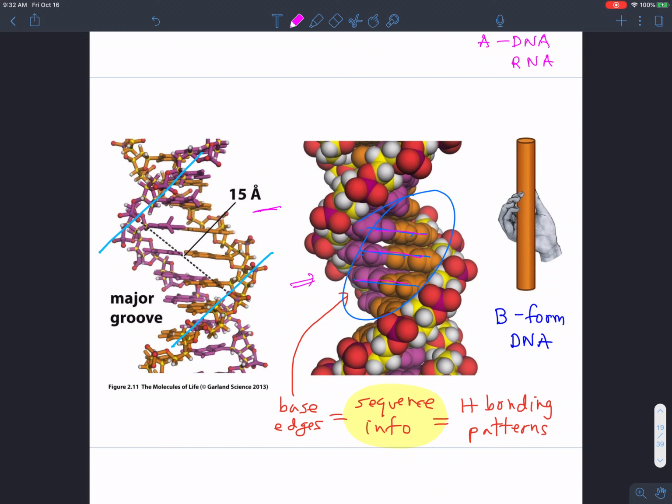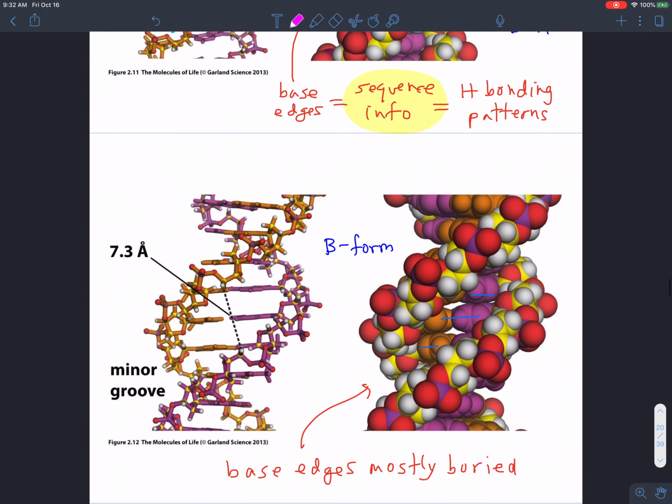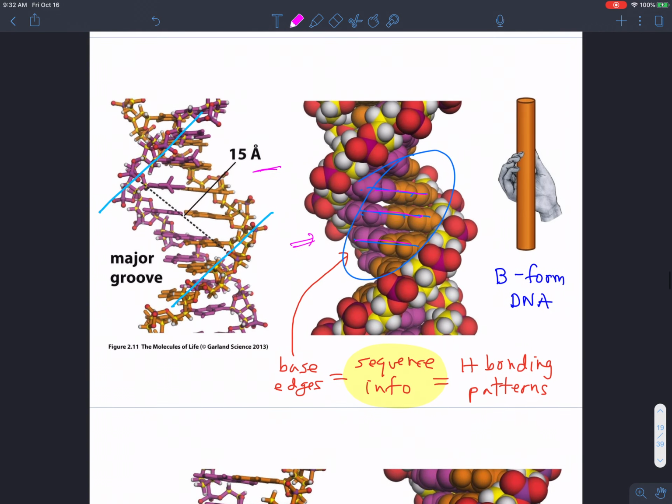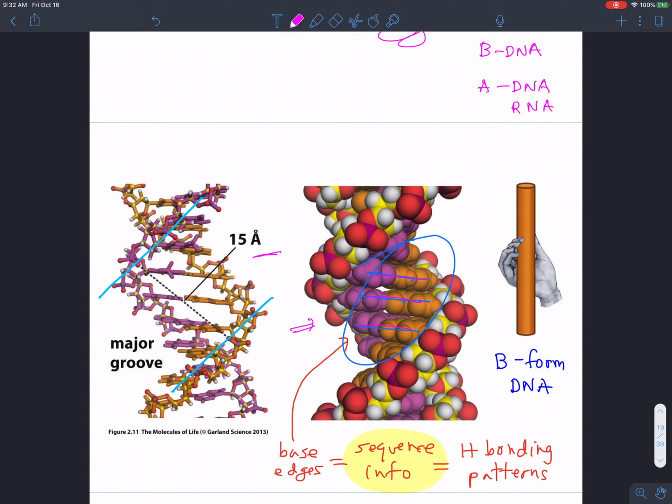And those base edges, as we'll see, actually contain enough structural or pattern detail on them so that you can tell what kind of base pair this one is, what kind of base pair that one is, by looking at, say, hydrogen bonding sites and other kinds of sites on the edges of the DNA. So it's possible to read the sequence by looking at the edges of the DNA.